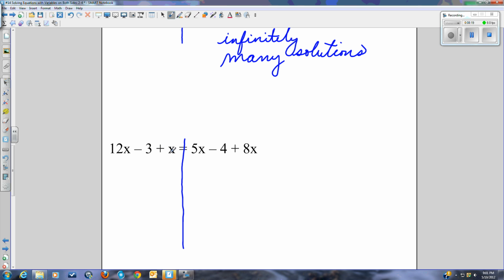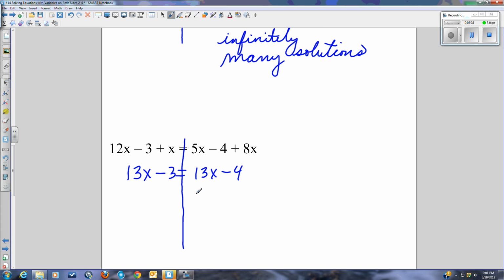12x minus 3 plus x equals 5x minus 4 plus 8x. Let's combine our like terms. We have 12x plus x, which is 13x, minus 3. On the right-hand side, we have 5x plus 8x, which is 13x minus 4.